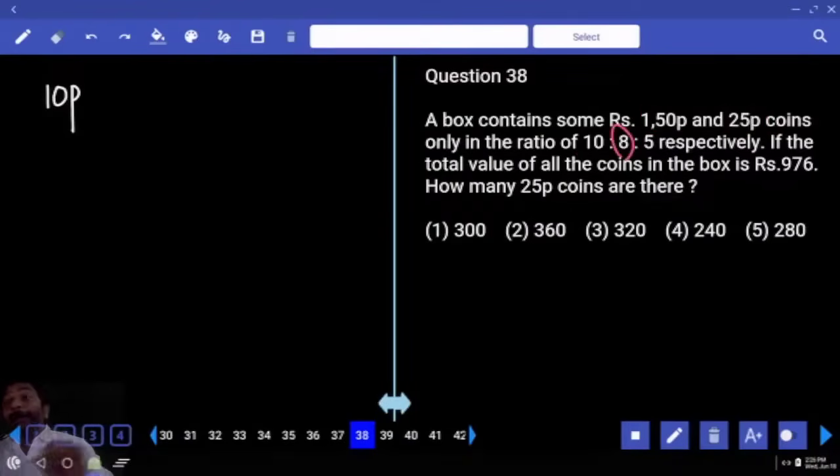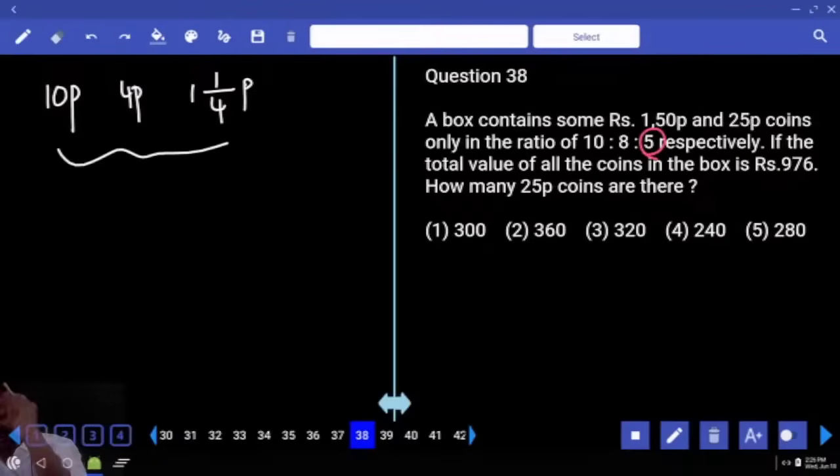Like that 8 parts coins are there. Amount is 4 parts. 25 paisa, 1/4. 5 parts are there. 5 parts by 4. Are you okay? Can I write it as 1 by 4 parts? Yes?